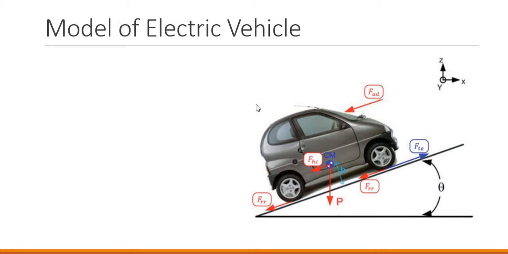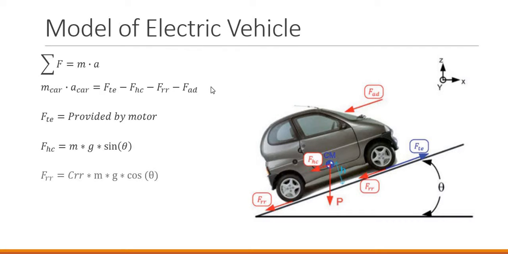First up, what I did was to draw this free body diagram for a car when it is moving. If we apply Newton's second law, then we obtain this equation that describes the motion of a car. And what does each one of those forces mean? Well, Fpe is the force of the motor that is moving the car.